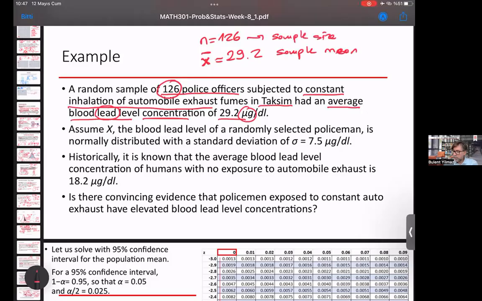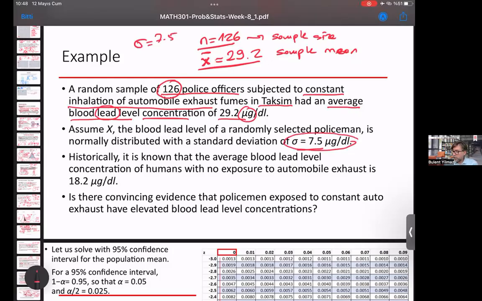What is known from previous experience is that the blood lead level of randomly selected police is normally distributed with a standard deviation of 7.5.